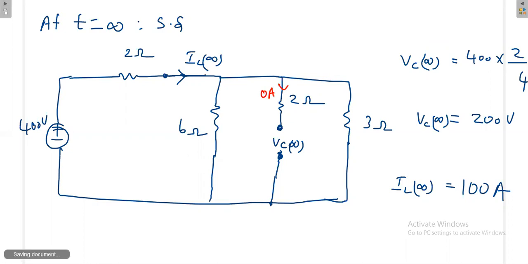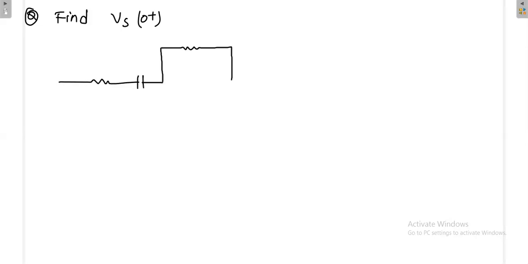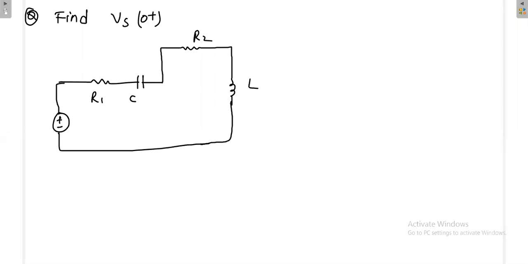Okay, next we'll see another circuit. Find Vs(0+).